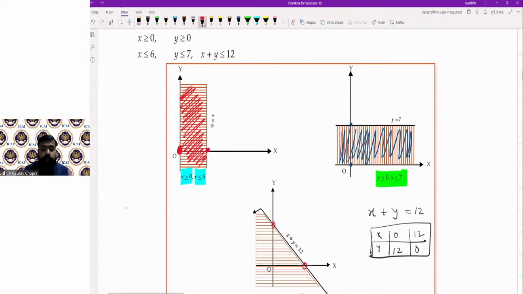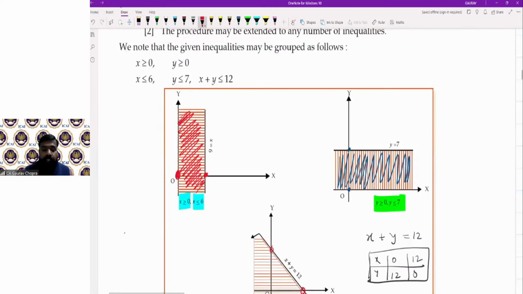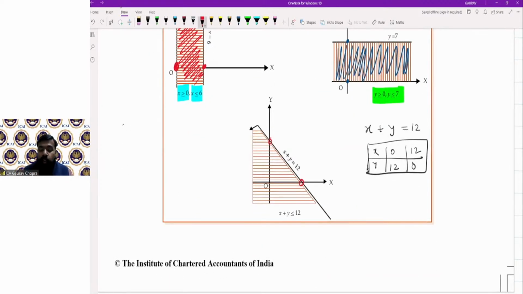Now the key point comes, what is the inequality sign? Inequality sign was less than equal to. जब भी लेस देन आता है तो कौन सा एरिया मार्क करना है, टुवर्ड्स ओरिजिन, ओरिजिन की तरफ. बिकॉज ये क्या बोल रहा है, कम वाला, कम मतलब अंदर की तरफ. लेस देन 20 तो 20 से अंदर वाला एरिया हम मार्क करेंगे, लेस देन 30 तो 30 के अंदर वाला एरिया मार्क करेंगे. सो सिमिलरली जो भी लेस देन है तो वो लाइन के अंदर वाला एरिया हमें मार्क करना है, और अंदर जाने का मतलब है हम ओरिजिन की तरफ जा रहे हैं, जीरो की तरफ जा रहे हैं.